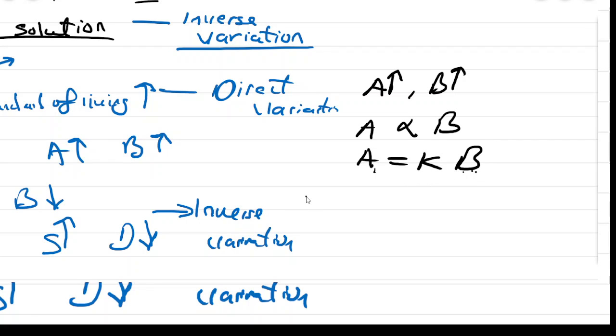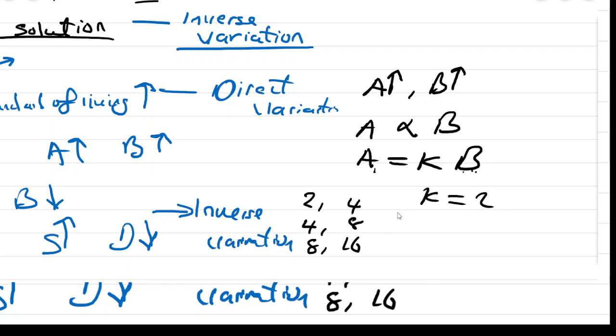Let me assume a is 2, b is 4, and a is 4, b is 8, and a is 8, b is 16. Here the k takes the value 2, meaning that for any value a has, b increases by this same value k times a. So if a is 4, b is 4 times 2, which is 8. If a is 8, b is 8 times 2, which is 16.